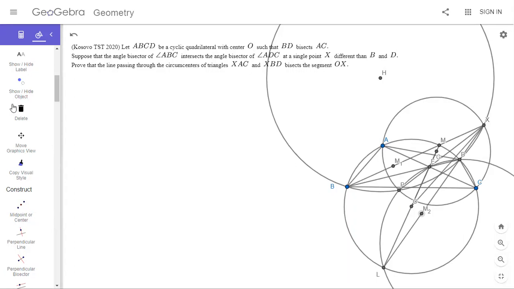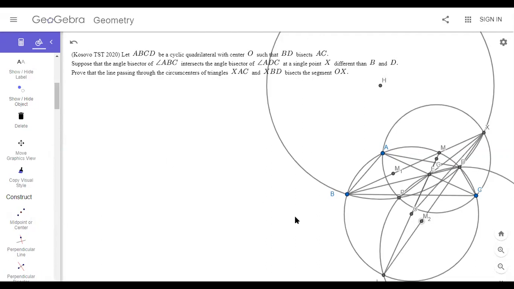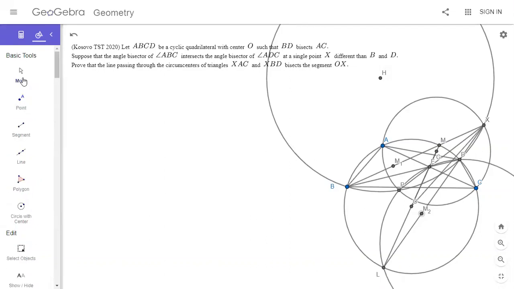So I will write out this whole thing. Let me see if I can do this from the beginning. So I'm going to delete a couple of things we added, and I'm going to start from scratch here.